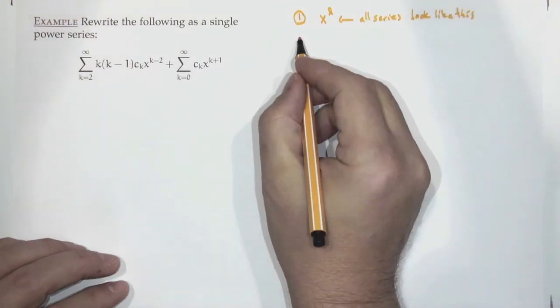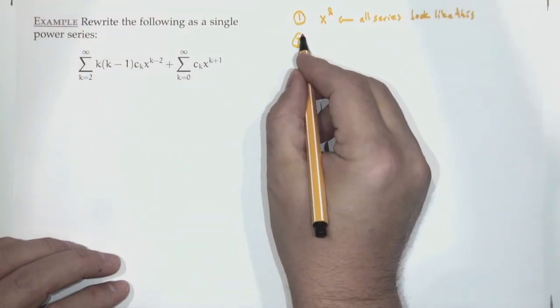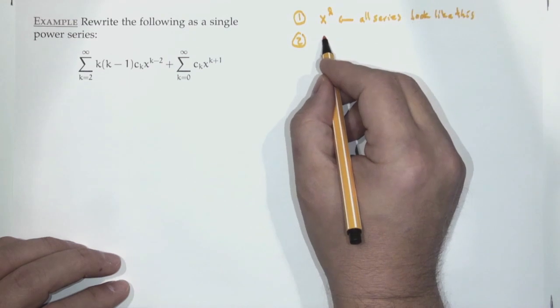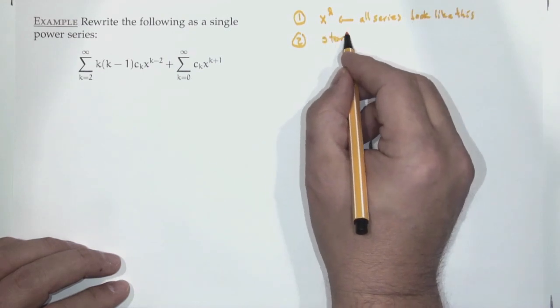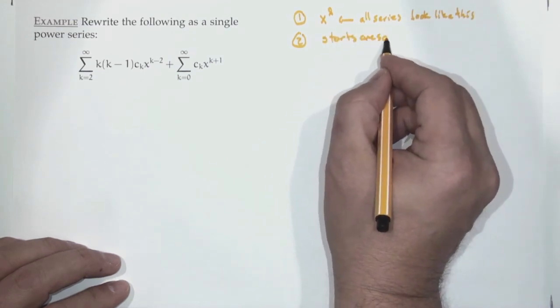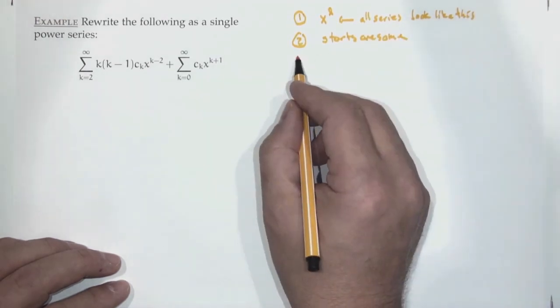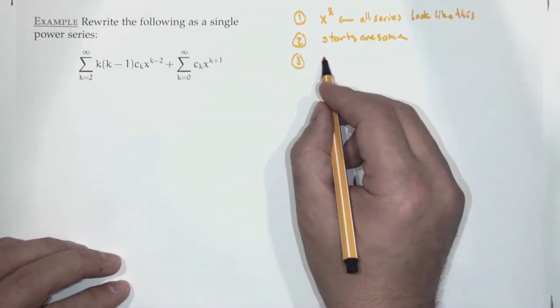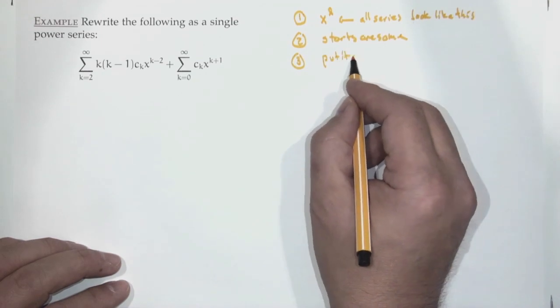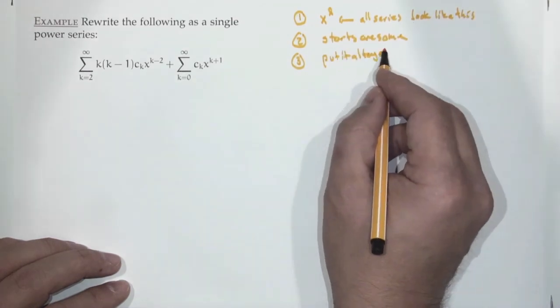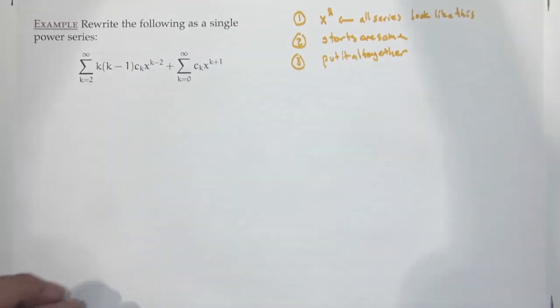Then the second thing I look at, after I've gotten that taken care of, is I check that the starts are the same. And then the third thing is I put it all together. So at the end, there's really just three basic ideas. Making sure the powers all line up, making sure the starts all line up, and then put everything into one big sum, and then life is good.